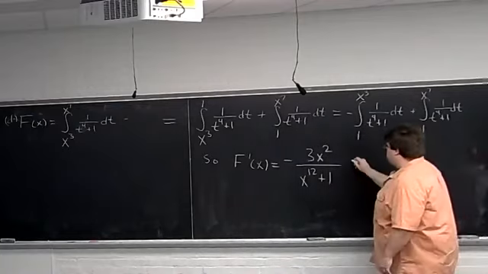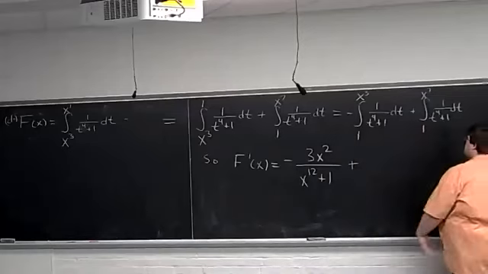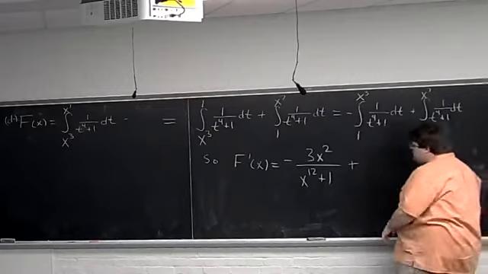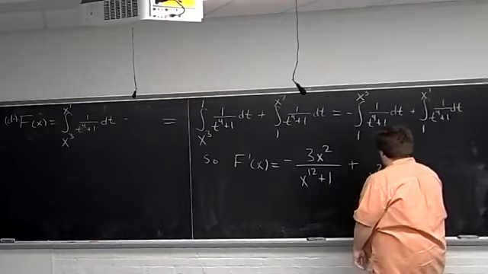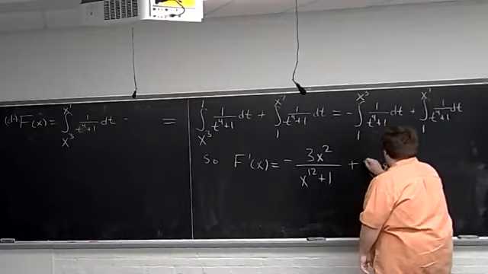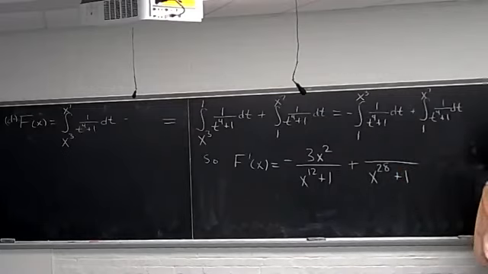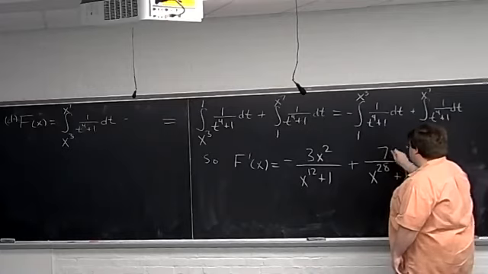Plus, same thing here, but with x to the 7. If you have x to the 7 4 times, that gives you 28 x's. One in the numerator, multiply by the derivative of x to the 7.